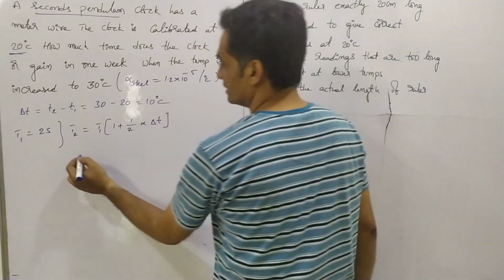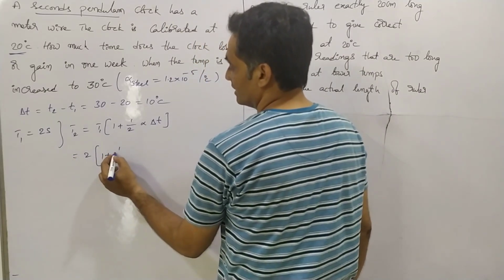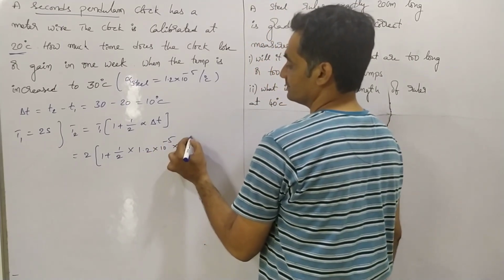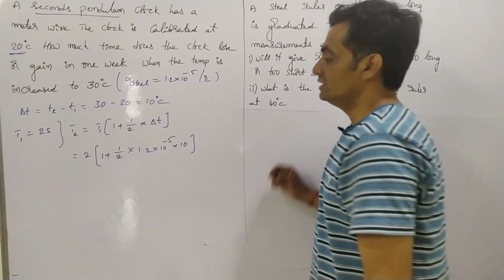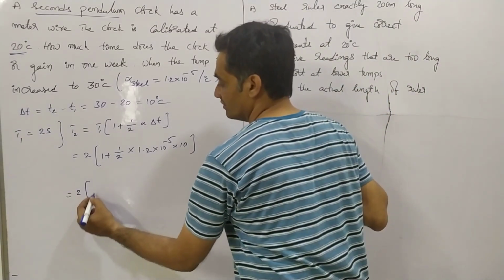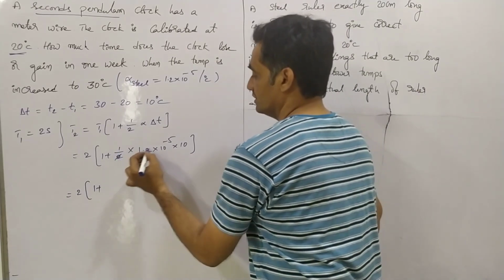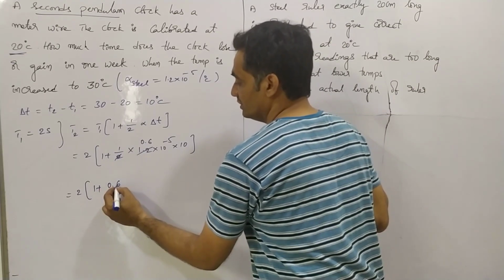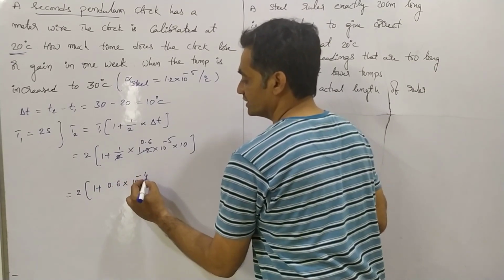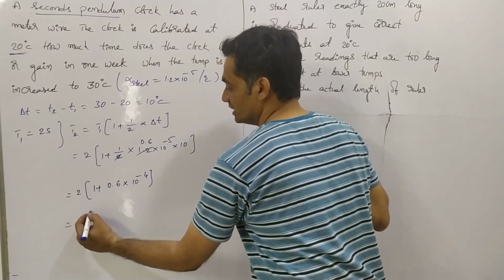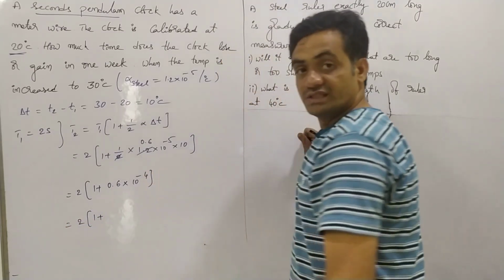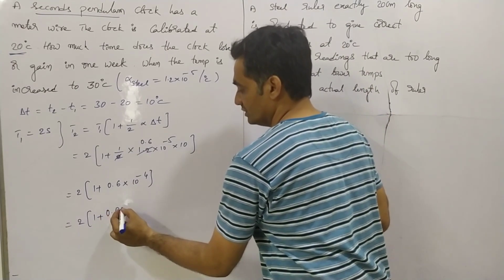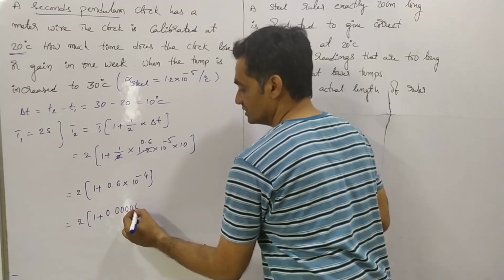So when we substitute this, observe that 2 into 1 plus 1 by 2 into 1.2 into 10 to the power of minus 5 into 10. As you observe this expression, 1 plus 0.6 into 10 to the power of minus 4, or we can represent it as 2 into 1 plus 6 into 10 to the power of minus 5, or 0.00006.